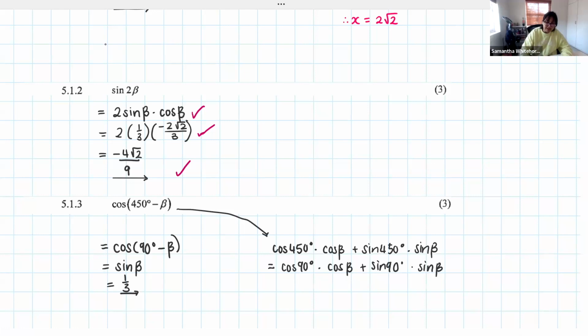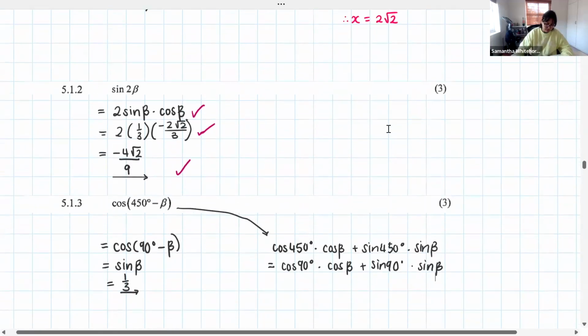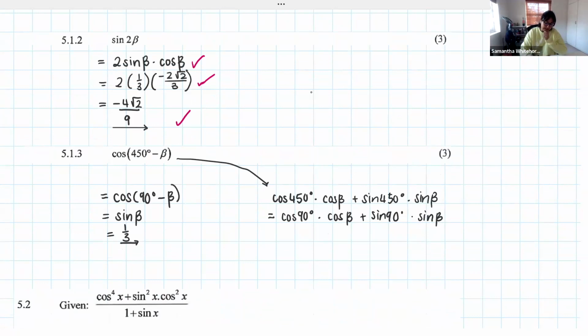And remember, 90 is actually a special angle. So because it is special angles, you need to be very careful about what you're working with here. Now cos 90 is 0, so 0 times cos beta is actually gone, and sine 90 is 1, so you're actually just left with sine beta, which gives you a third.